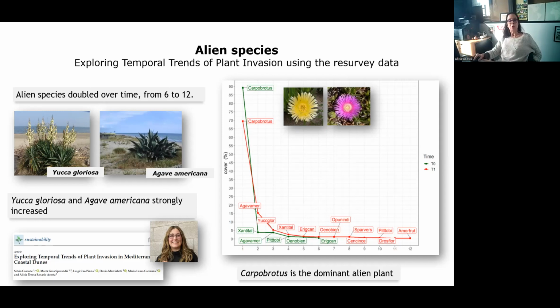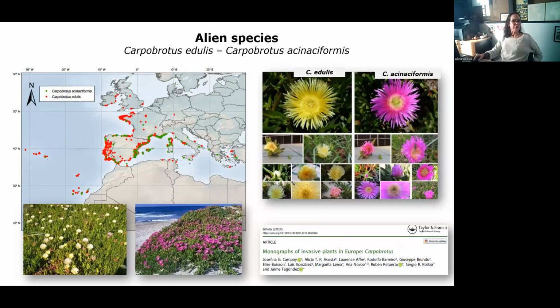Note also that we had only 1 dominant alien on both dates, Carpobrotus, considering here together the 2 species present in Italy, Carpobrotus edulis and Carpobrotus acinaciformis. They are South African species distributed throughout Europe. You can see in this map Carpobrotus edulis with yellow flowers, red points in this map, and Carpobrotus acinaciformis with magenta flowers, green points in this map.